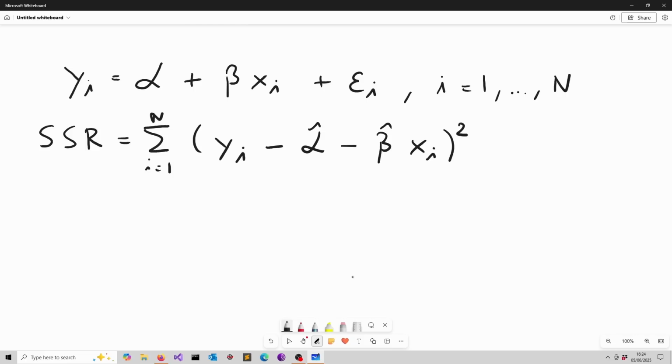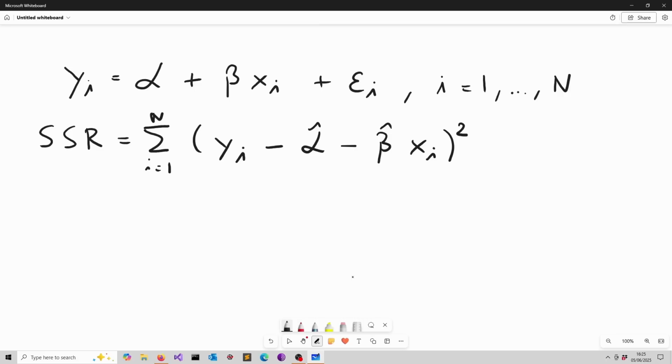In the previous session, we derived the sum of squared residuals by rearranging this equation as follows. So here we have the sum of squared residuals, which is the sum starting from i equal to 1, going all the way up to capital N, of the squared residuals, which refers to the observed yi minus the predicted value. The predicted value refers to the constant term alpha, and we have to account for the slope coefficient beta and the value of xi.